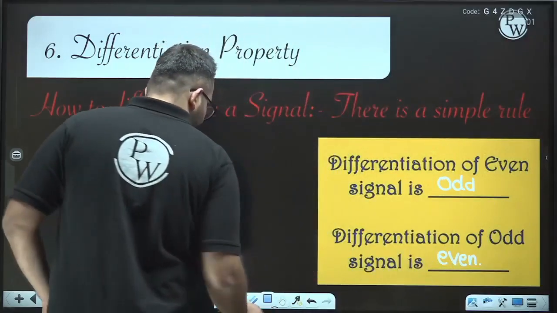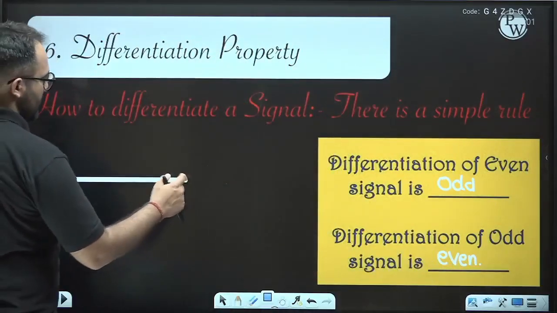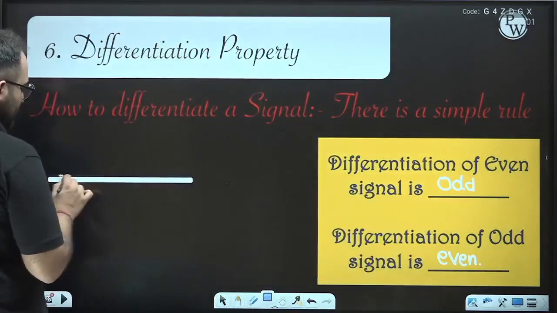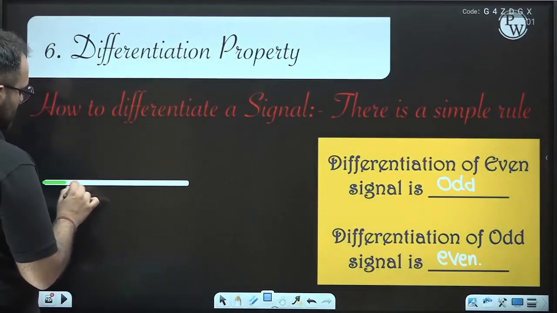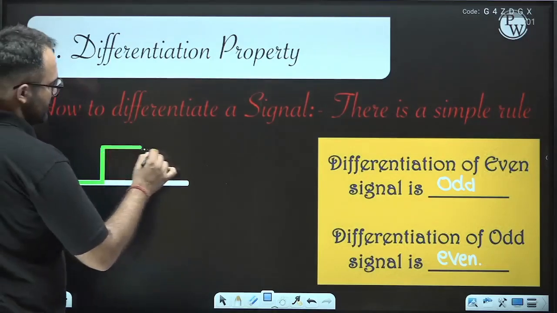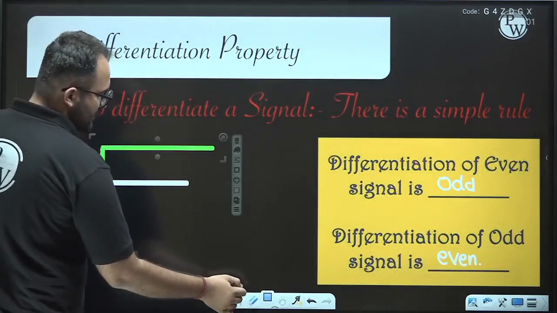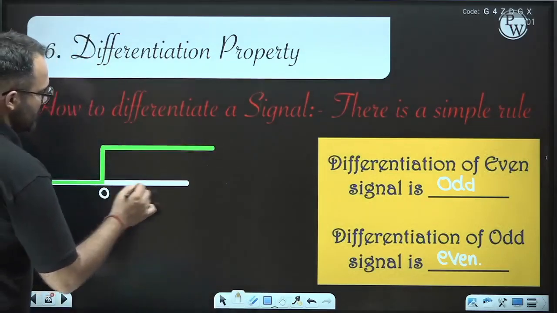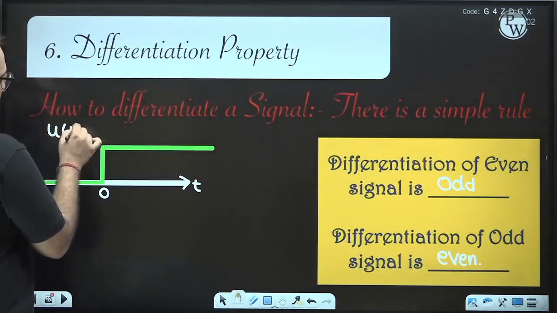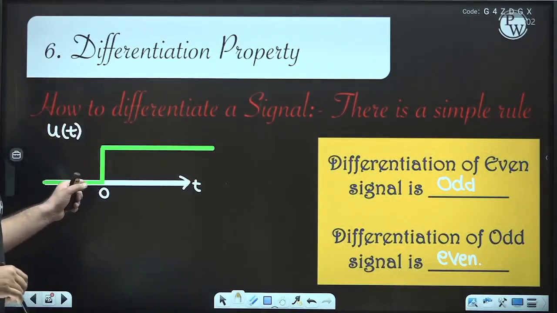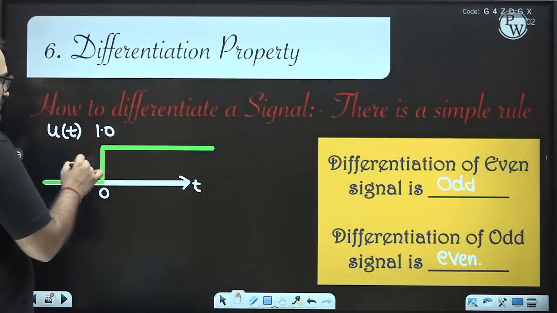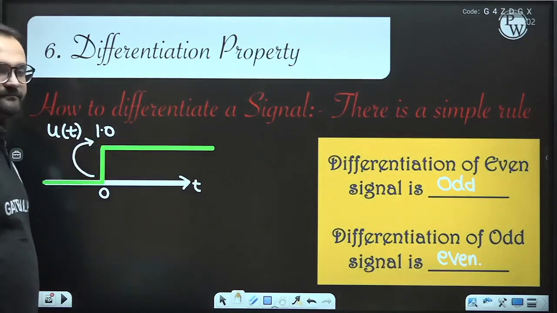We know that if we have a signal u(t), which is 0 here, and then suddenly we have a jump at 0. This is the signal u(t), and the jump at 0 is of value 1, height 1.0.